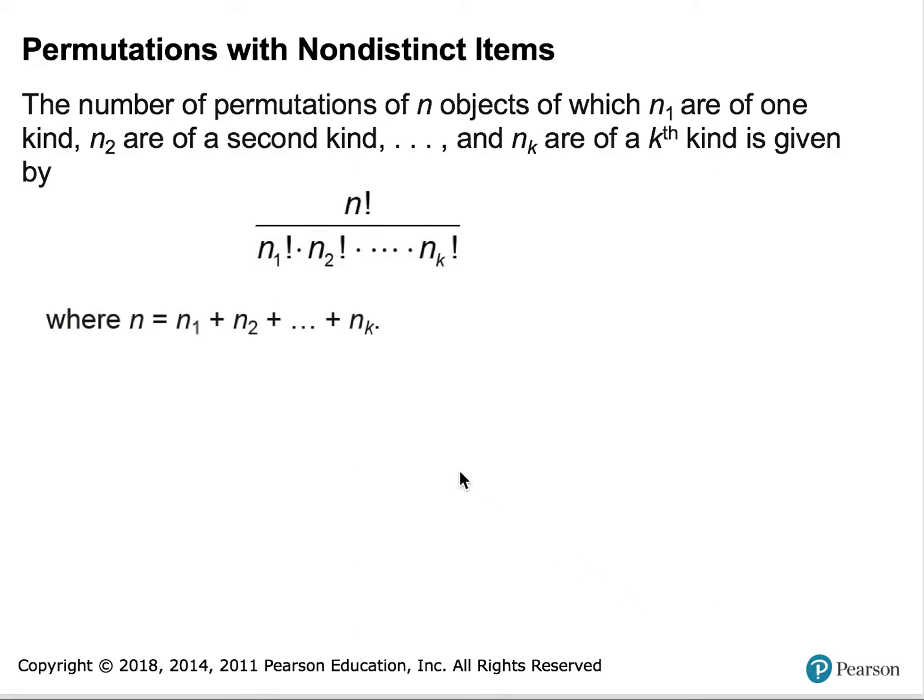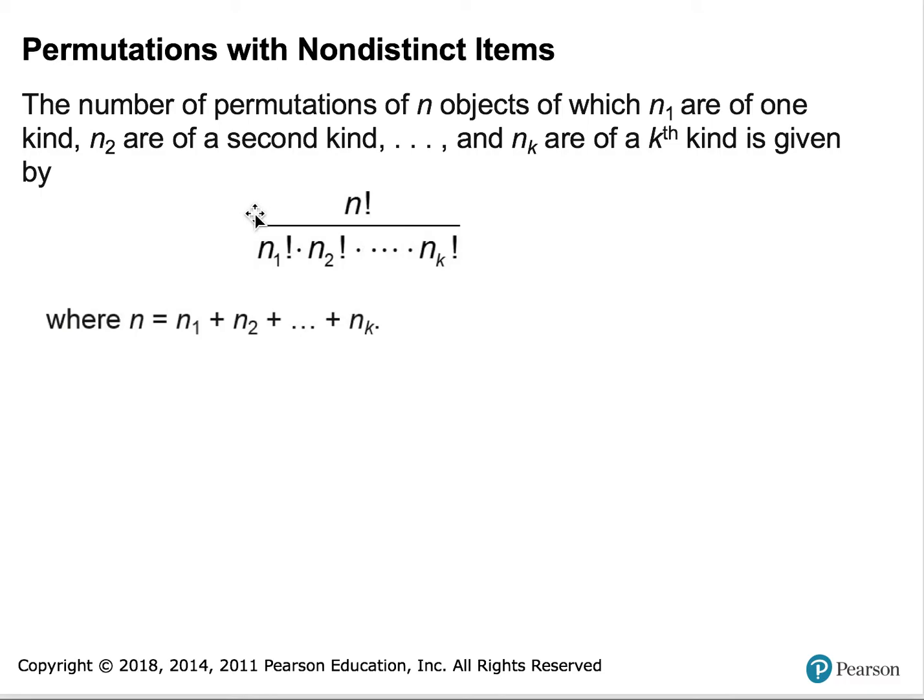Sometimes we want to arrange objects in order, but some of the objects are indistinguishable, in other words, not different. Non-distinct. A lot of times books will call this permutations with like items. That might be easier to remember. Some of them are alike.